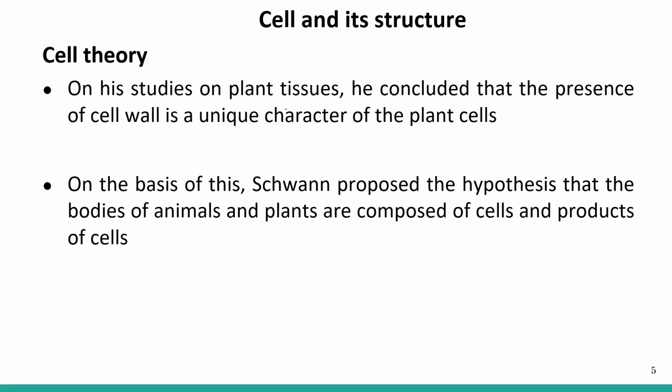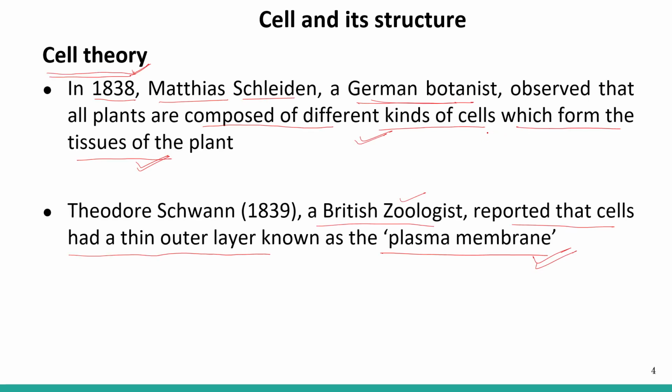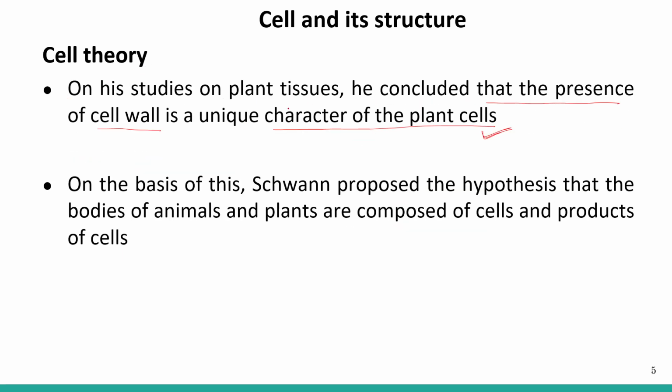From his studies on plant tissue, Schleiden concluded that the presence of a cell wall is a unique character of the plant cell, because the cell wall is present only and only in the plant cell, right?